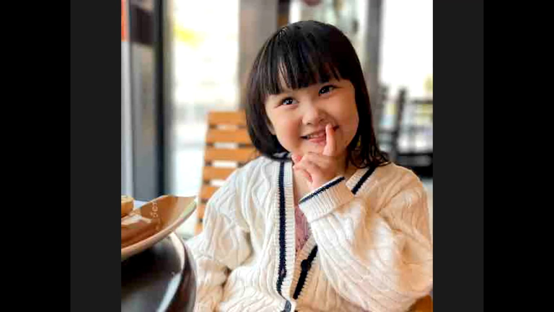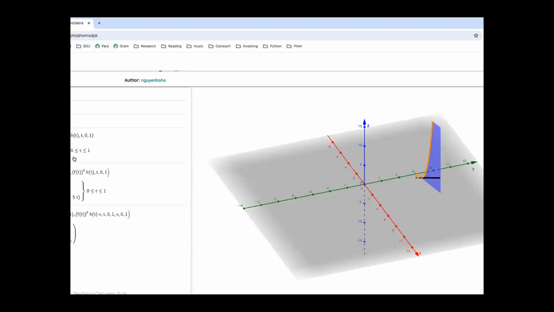Okay, so let me go back to example 2. And this is what you got for example 2. So f of t, g of t, and h of t is just the parametric equations of the line segment linking 2 points. And the function you have is x squared times y.